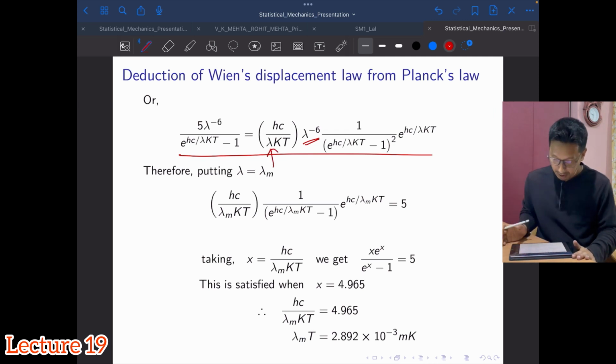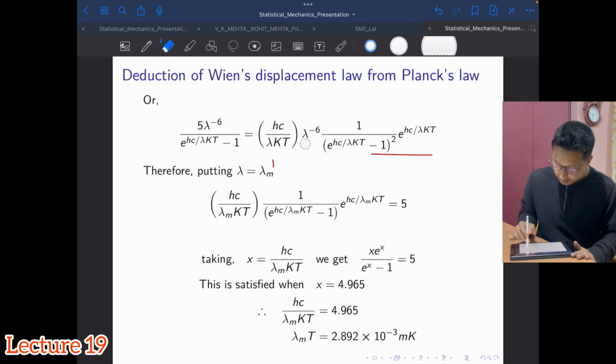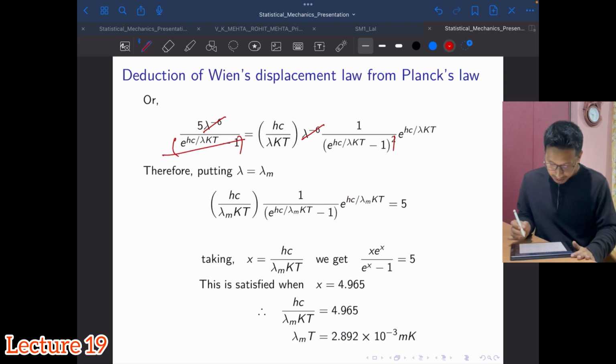Remaining the same. If you look at this expression from the left and right, you can cancel out a few things, isn't it? So this lambda to the power 6 will go off. Then this entire denominator can go off with this 2. I will have only 5 on this side.